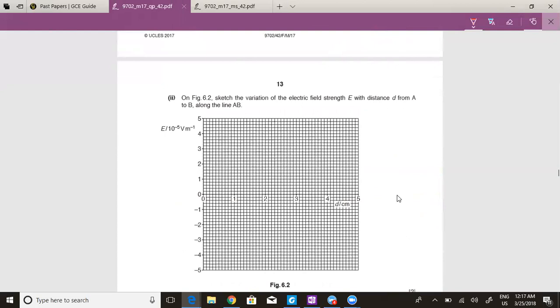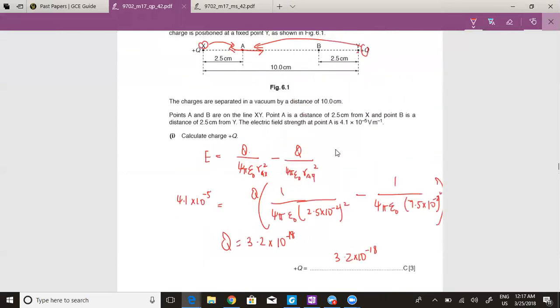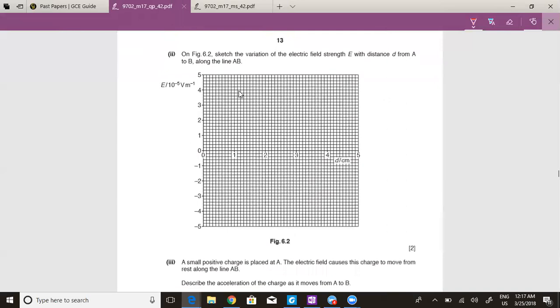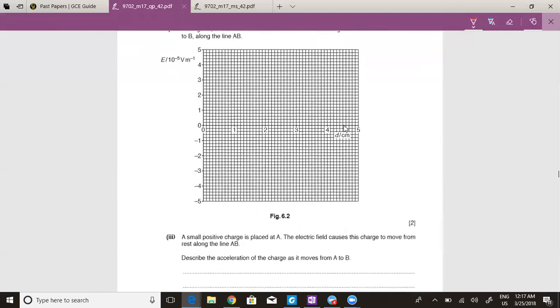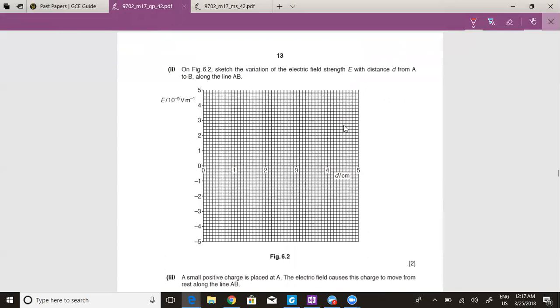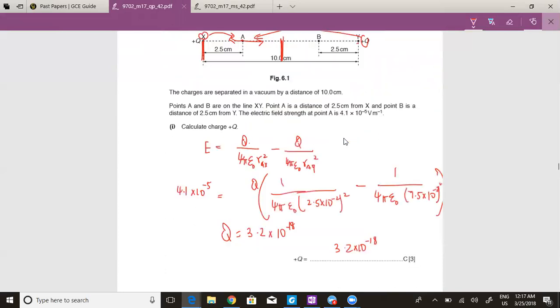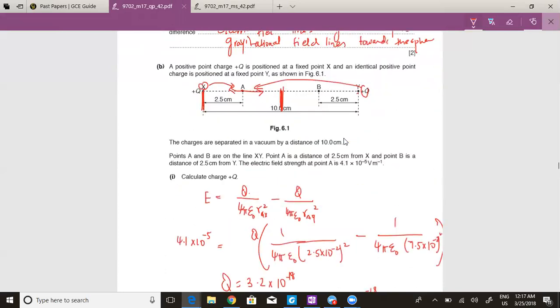Figure 2.2: sketch the variation of the electric field with distance along the line AB. So let's see, let's start with X. So X is 0 to 5, so we need to sketch from here to here. Let me change colors.